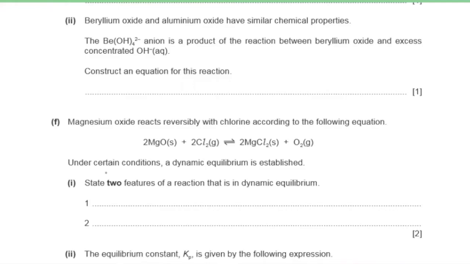So just like aluminium oxide with sodium hydroxide would give sodium aluminate, which is NaAlO2, and water, beryllium oxide with NaOH, meaning OH minus ions, can also give us this anion. And to balance our number of hydrogen and oxygen, we can add H2O to the left, and we will balance our equation by adding 2 to this side.